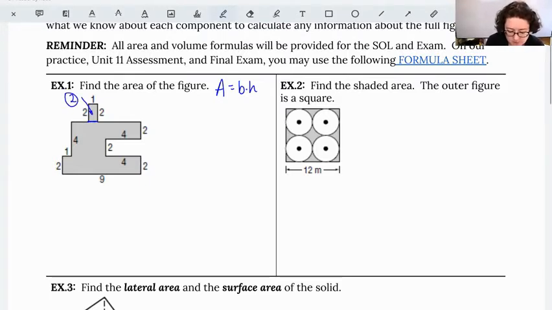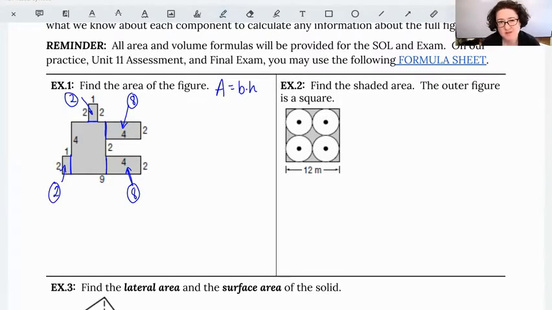Then I used the small rectangle on the right, and actually I did both of those. Both of those are 2 by 4, so 2 times 4 gives me 8. And 8 on each one of them. And then I have 2 more rectangles on the left. I have the small little outcrop, again, 1 by 2 or 1 times 2 for our area.